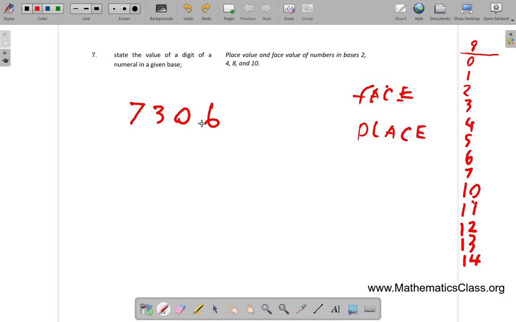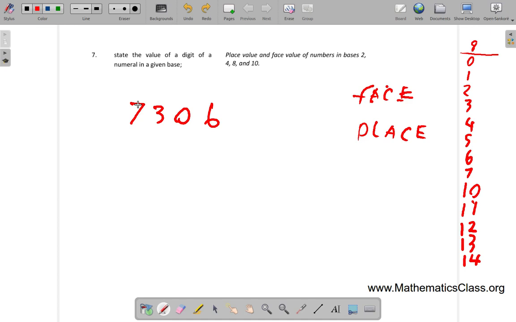You're just looking at who that digit is and recognizing that digit. So the face value of 6 is just 6. You don't care where it is located. Of 0 is just 0. Face value of 3 is just 3. Face value of 7 is just 7. You're just looking at the digit without taking note of its location, right?